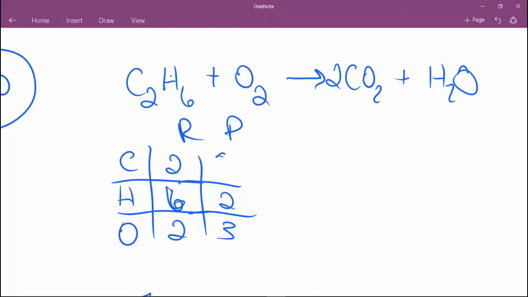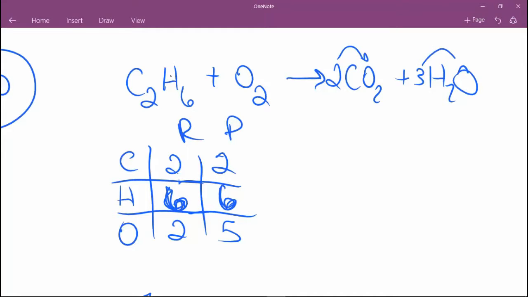That balances those carbons, but that will change the number of oxygens. So my oxygens go from 3 to 2 times 2 is 4, plus 1 more is 5. Once again, I need 5 here. Okay. My hydrogens, I have 6. So I need to change the coefficient here to a 3 to give me 6 hydrogens. Now I have 6 hydrogens on each side of the reaction.